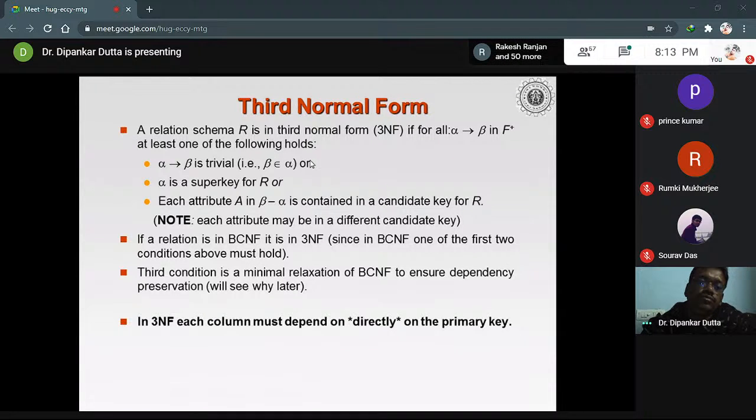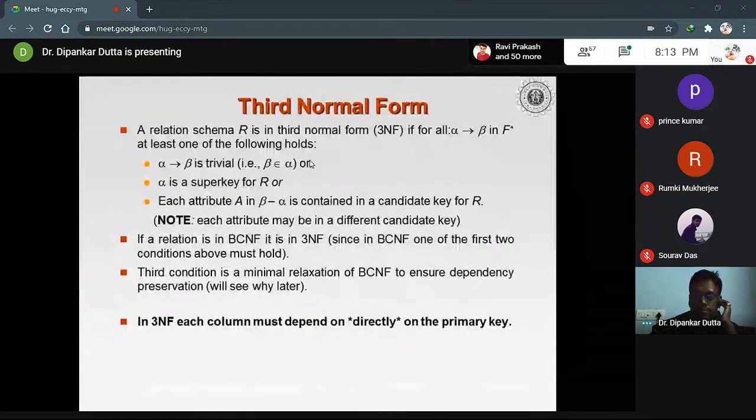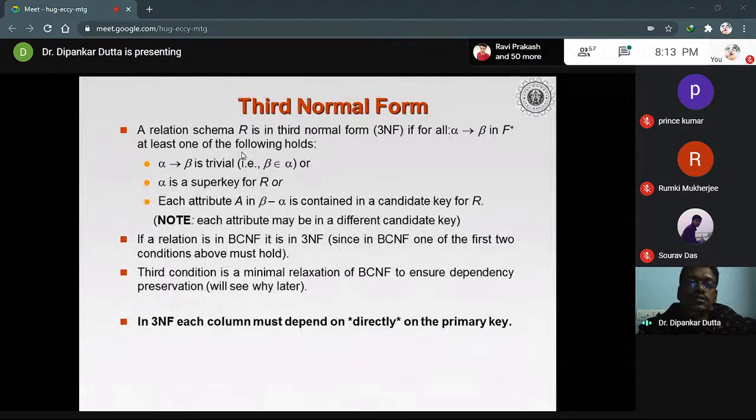Are you understanding the first condition? AB implies B or AB implies A, then the first condition is true.